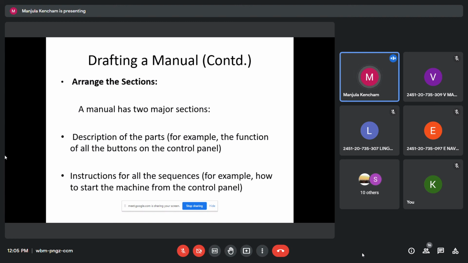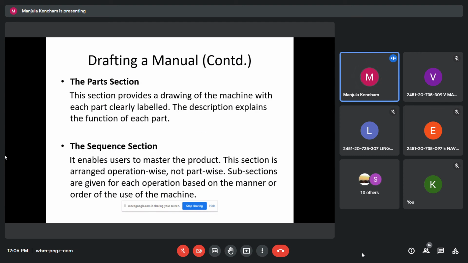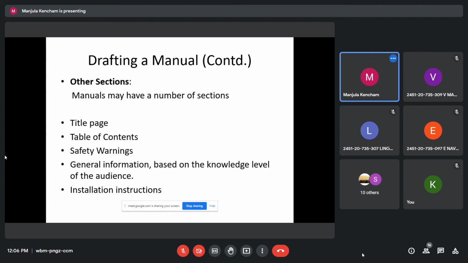Both have to be properly developed and explained while arranging the sections: the parts section and the sequence section. Drawings help to understand the parts section. Instructions help in operating the piece of equipment or the gadget in a sequential manner.